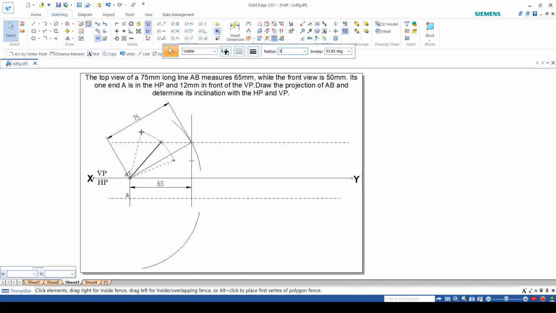The radius is 50 only, I am just changing the angle. This is 50 only. Now we have got an intersection point. Now we would create a straight line again here.